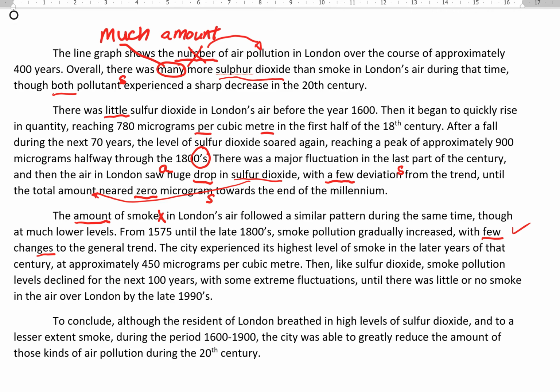The city experienced its highest level of smoke, that's fine, okay, in the later years of that century, at approximately 450 micrograms per cubic meter.